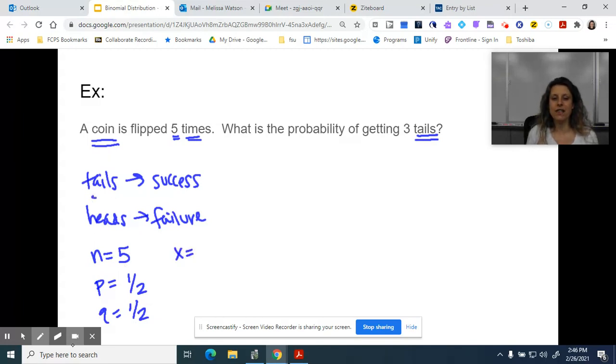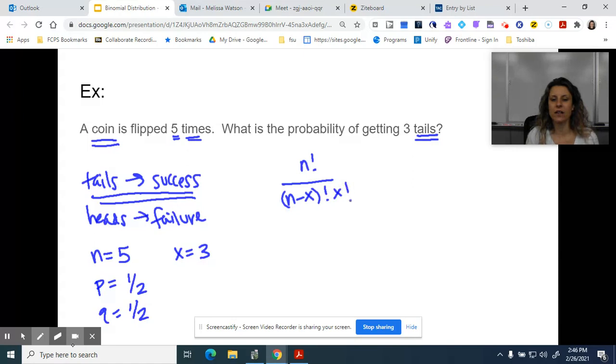So I've identified the success as tails. So we need to figure out how many tails we want out of those 5 flips. And here we want 3 tails. So x equals 3. Here's what the formula looks like. We're going to take n factorial divided by n minus x factorial times x factorial.